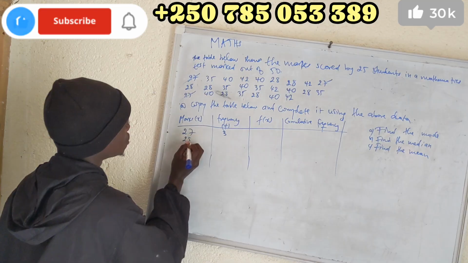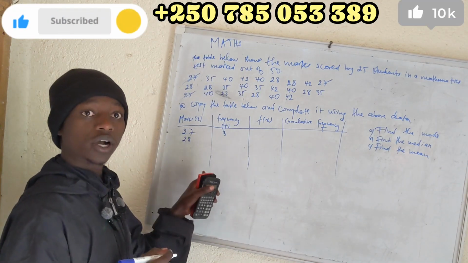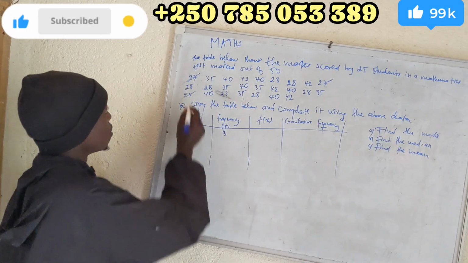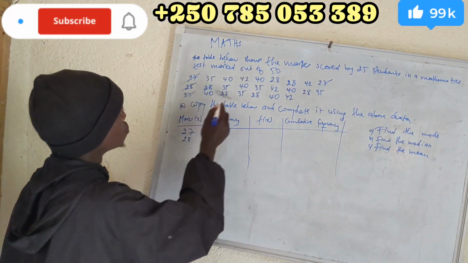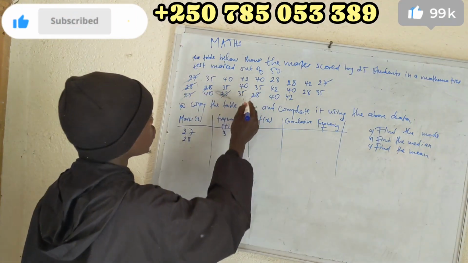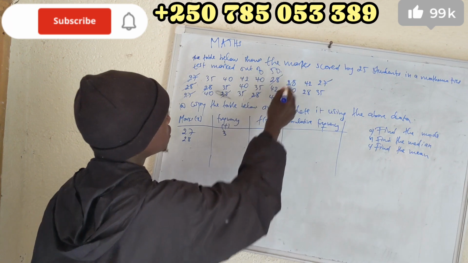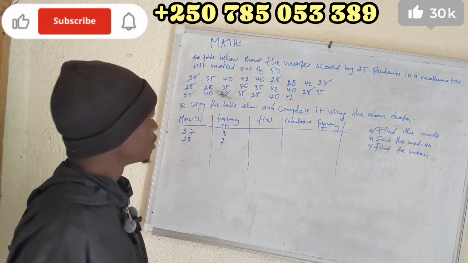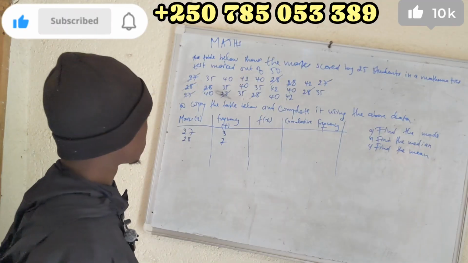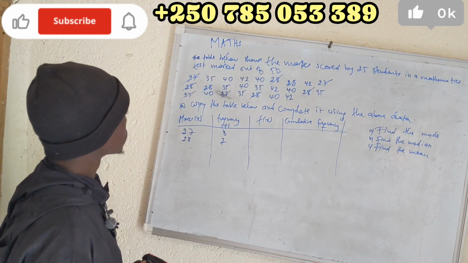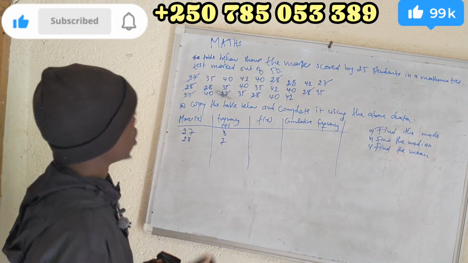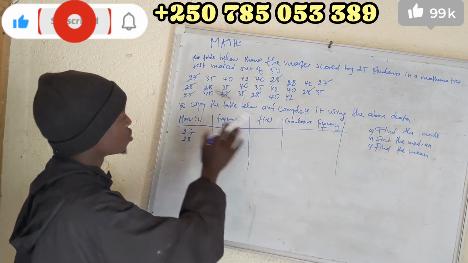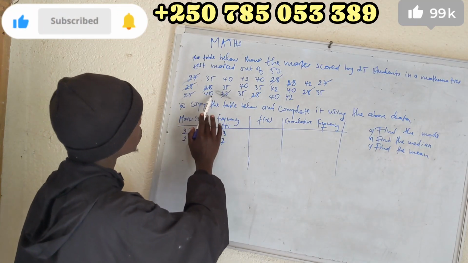So how many students scored 28 marks? 1, 2, 3, 4, 5, 6, and 7. There are only 7 students. How many students scored 29? None of them.